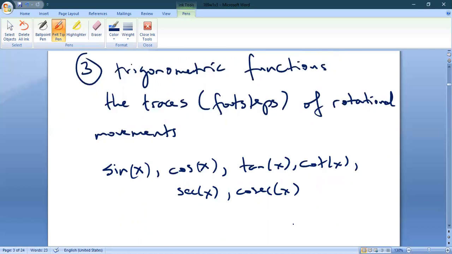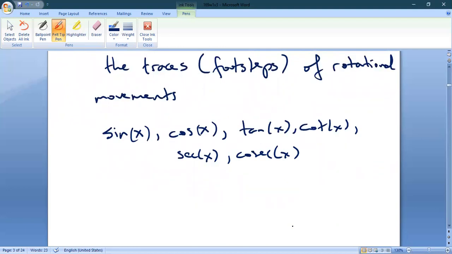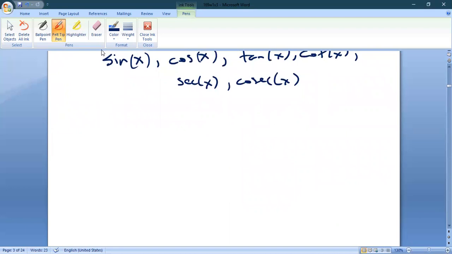Okay, now let me start with polynomials first. Polynomials are nothing but some kind of power functions, but maybe I should start with power functions.